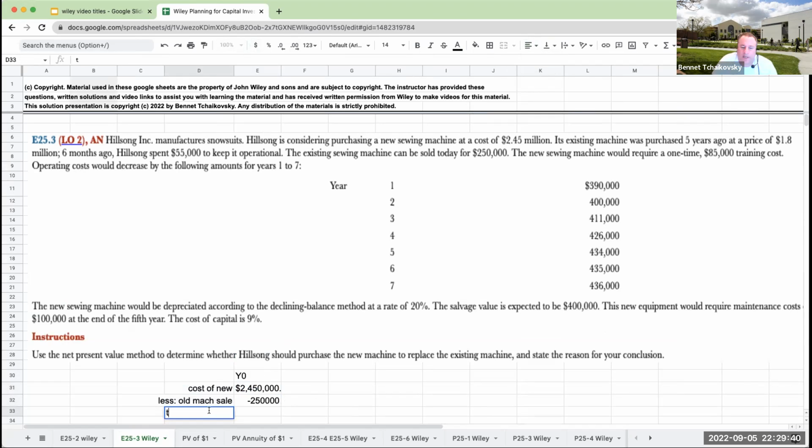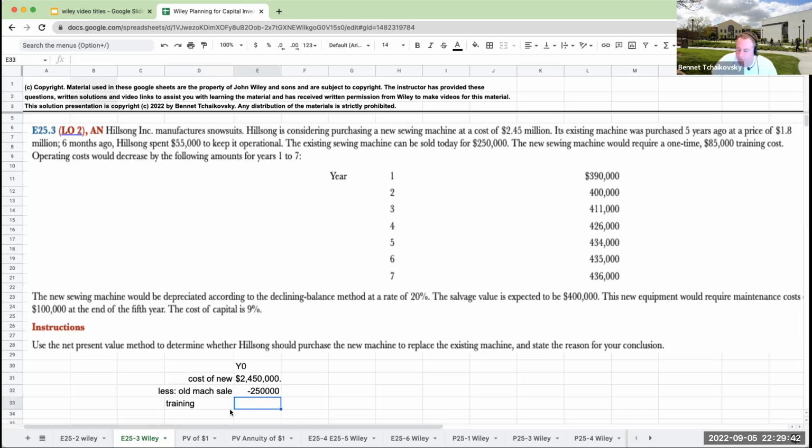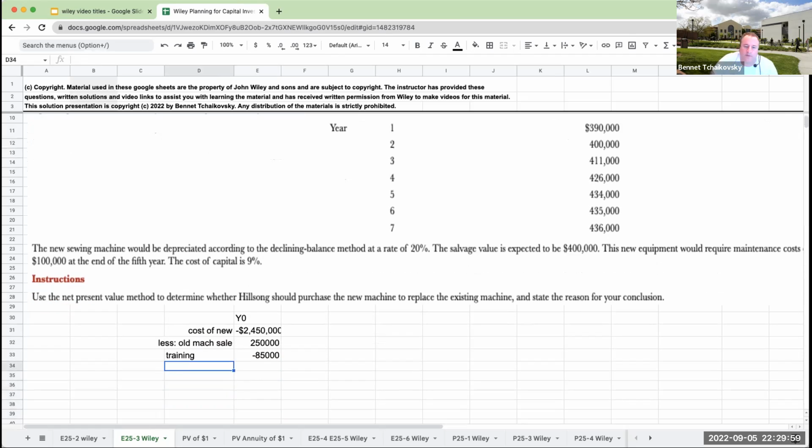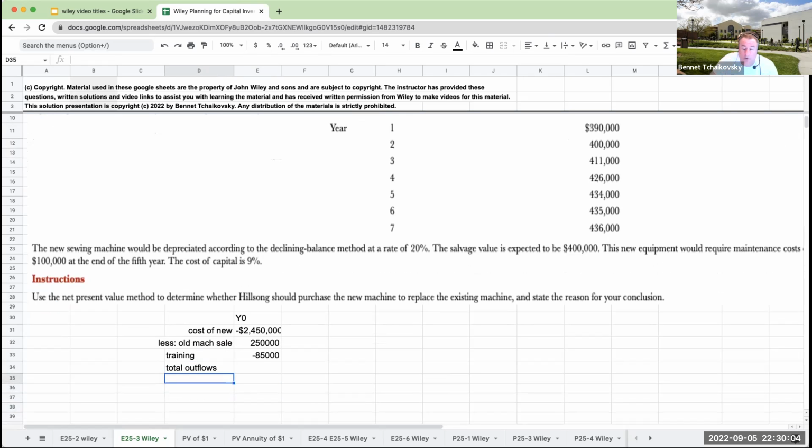That's an inflow. I have the training, which is going to cost me $85,000. So my total outflows for year 0 are going to be $2,285,000.